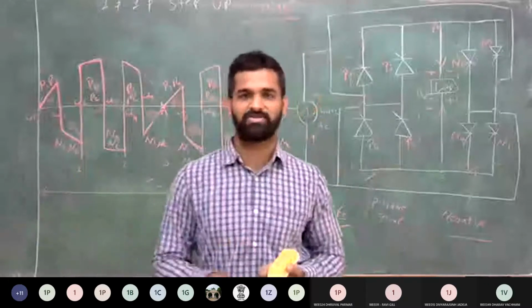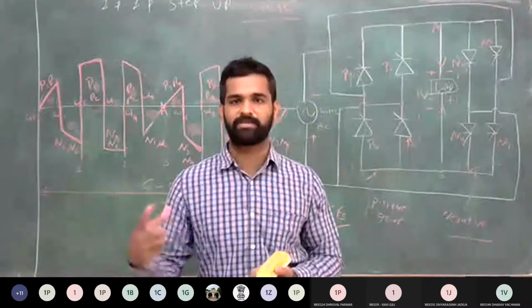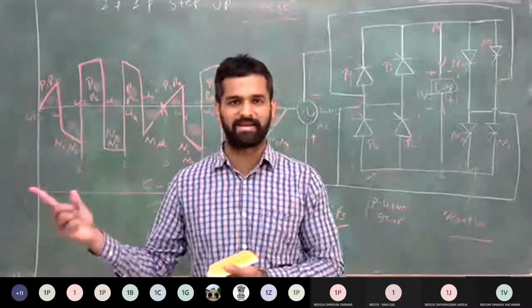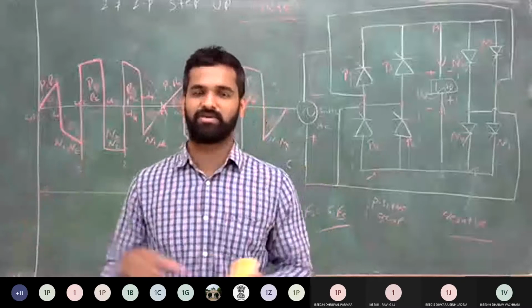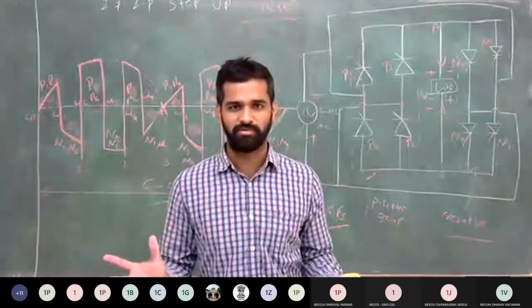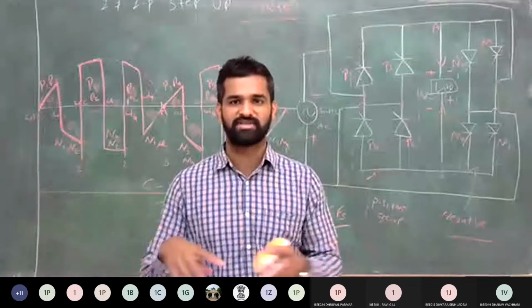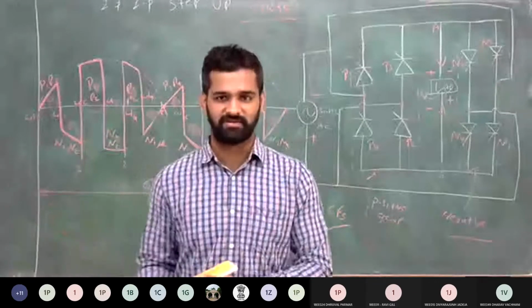You know the equation 120 f by P. Clear? So the synchronous speed of the motor depends directly on frequency and number of poles. Clear? But once you design the motor, you cannot change the poles. So the only way to change the synchronous speed of the synchronous motor is by changing the frequency.